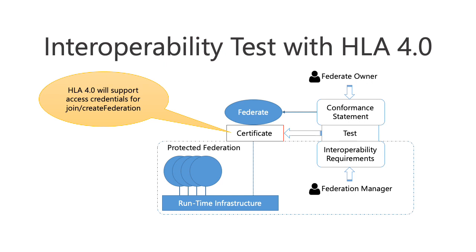And so the idea is we can use the result of a test in the form maybe of a digital certificate proving that the federate has passed a certification test. And this could be used as the credentials passed to the RTI, and the RTI can then decide if it's okay to join the federation or not.